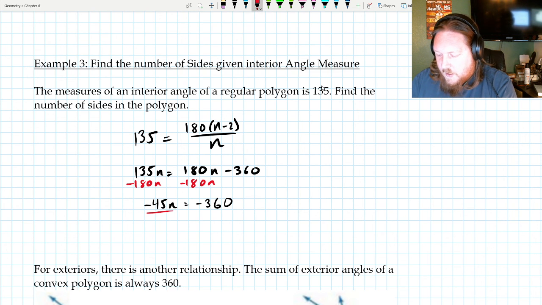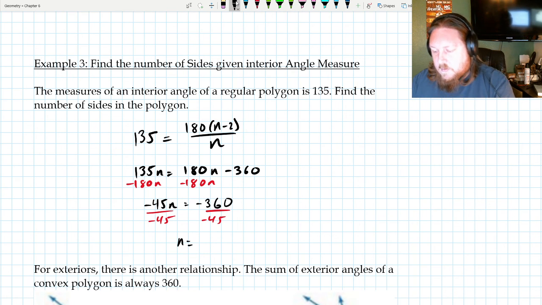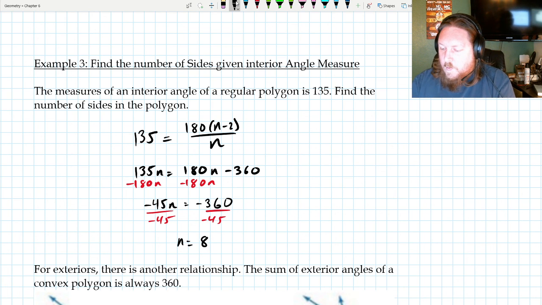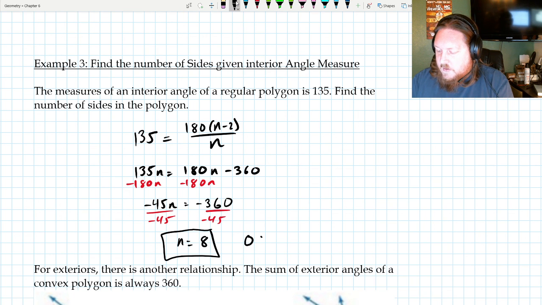So we divide by negative 45, divide by negative 45, and of course a negative divided by a negative is positive, so 360 divided by 45 is 8. So the measure of the interior angle of a regular polygon is 135. That means it had to be an octagon. The number of sides is 8, and if you want to be fancy, you can just give it its name, octagon.